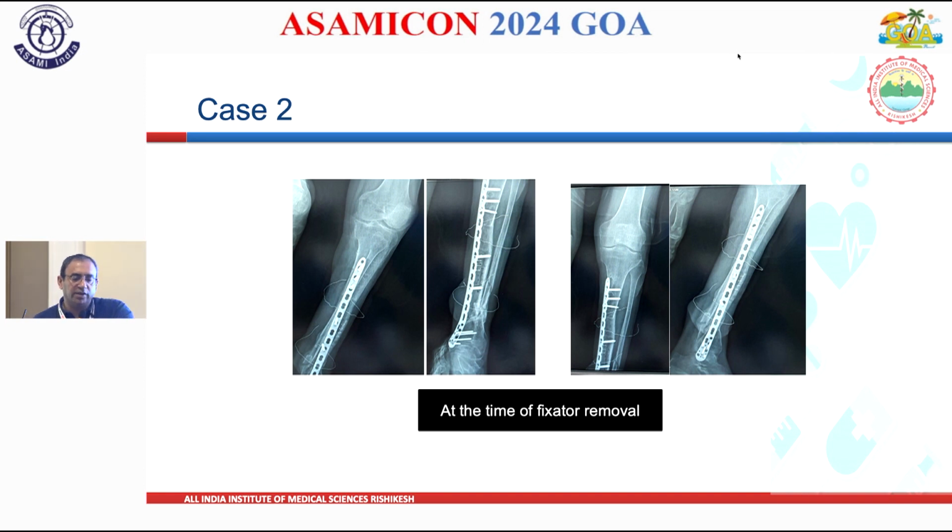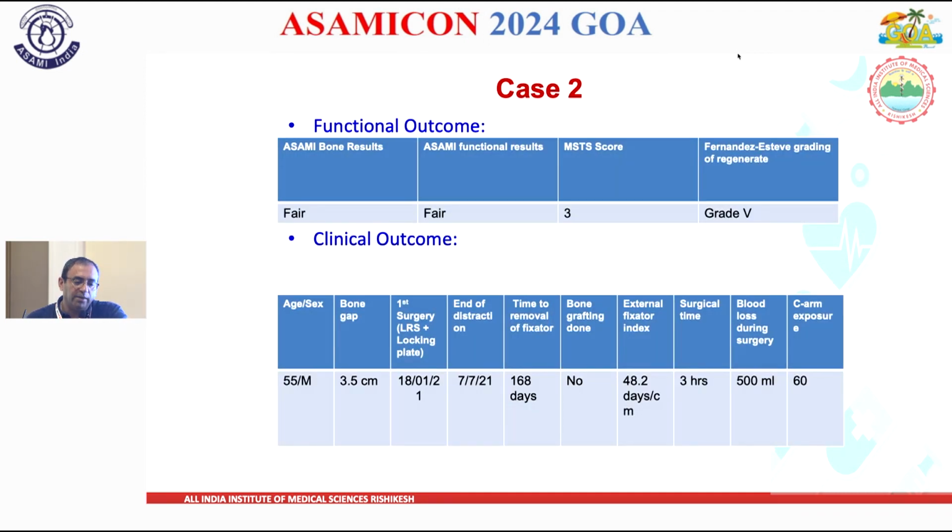See how the consolidation formed here, because he was not compliant enough to come to the hospital. When he came to the hospital and we removed the external fixator, the regenerate was already consolidated. The time he took for removal of the external fixator was 168 days for 3.5 centimeter of bone, just because he was not compliant enough to reach the hospital.